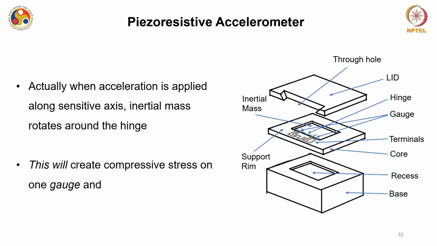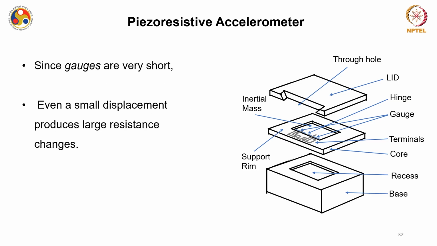This rotation around the hinge will create 2 different stresses. It will create a compressive stress on one of the gauges, and at the same time it will apply a tensile stress on the other one. Now these gauges are very short, so even a small displacement produces a large change in the resistance.